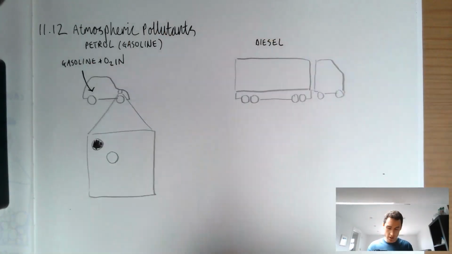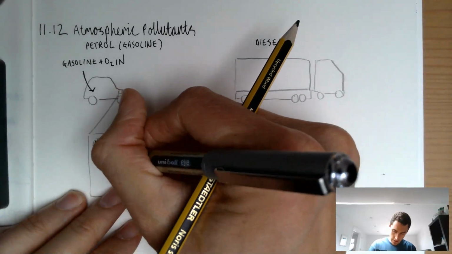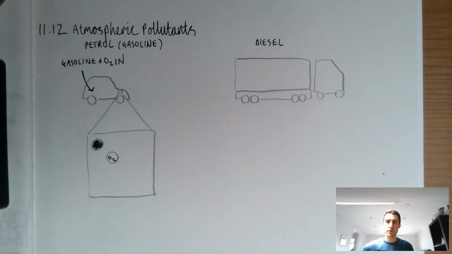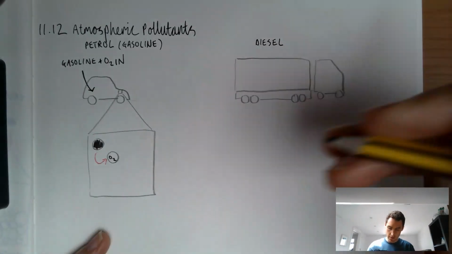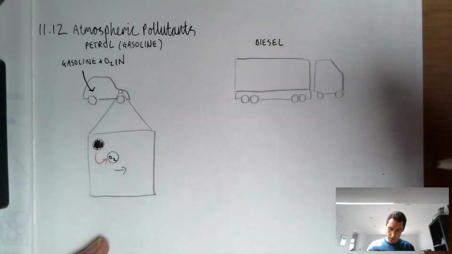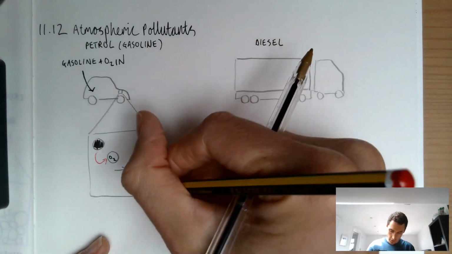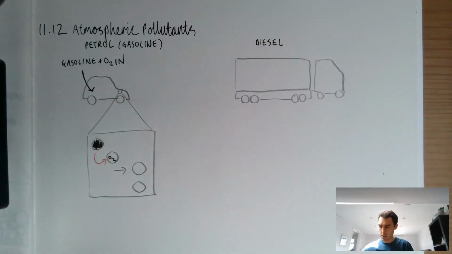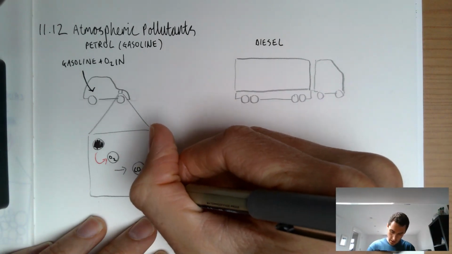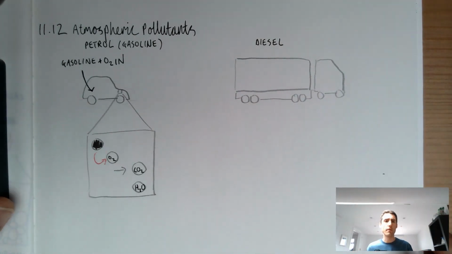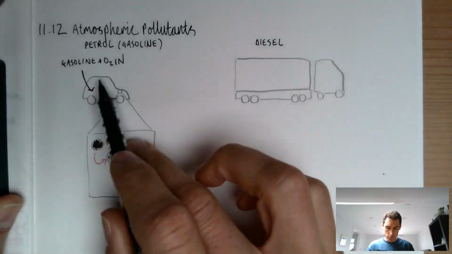Last time I just did it as O, this time I might do it as O2. It doesn't really matter, we're just illustrating the point at this stage. But these two combine, and therefore we end up with these two molecules. They're not actually bigger, but this is very much schematic. CO2 and H2O.